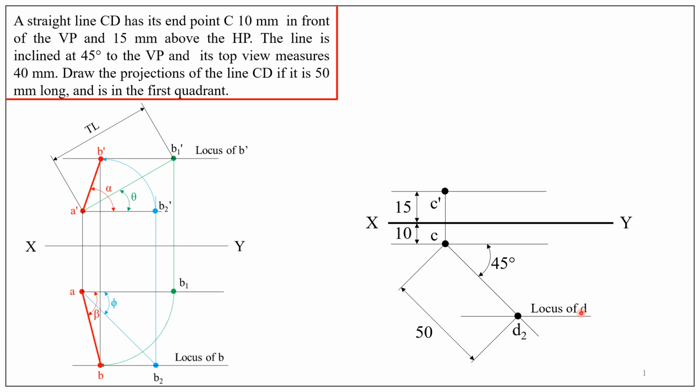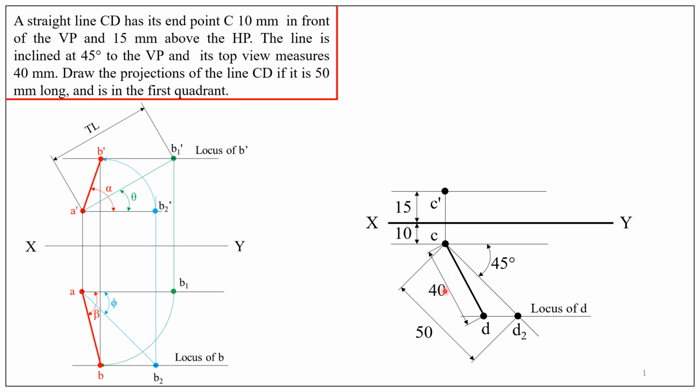So to know where point D is located, take 40 millimeters in your compass, cut an arc on the locus line and obtain point D, join CD, and the length is equal to 40 millimeters. So the top view is completed.